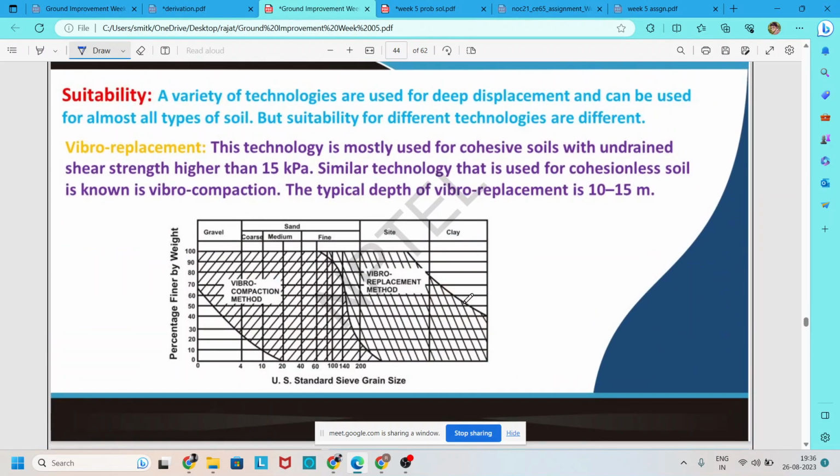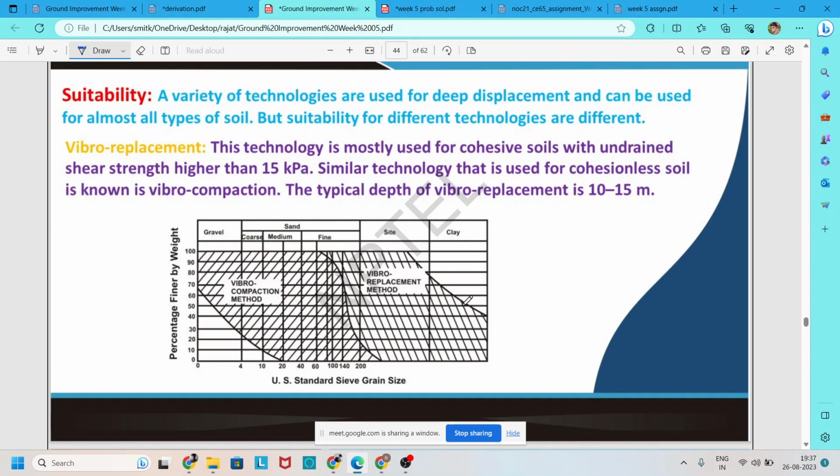Now we discuss the suitability of the vibro replacement method and the vibro compaction method. We can see a chart given here based on percentage fines and particle size.